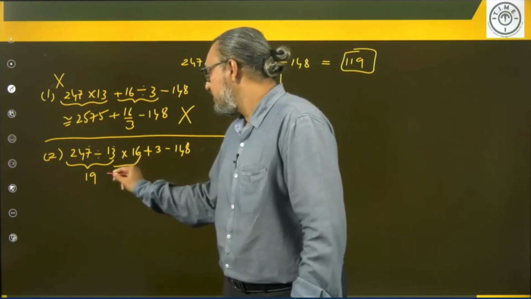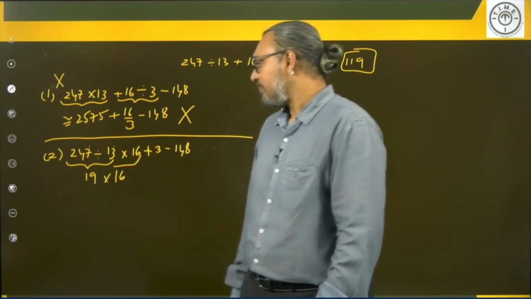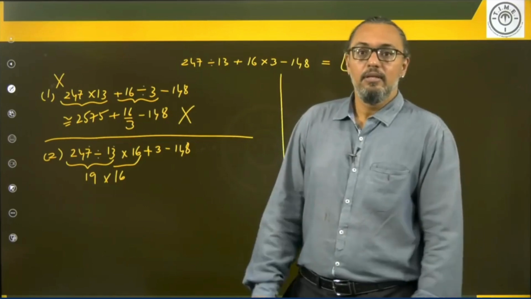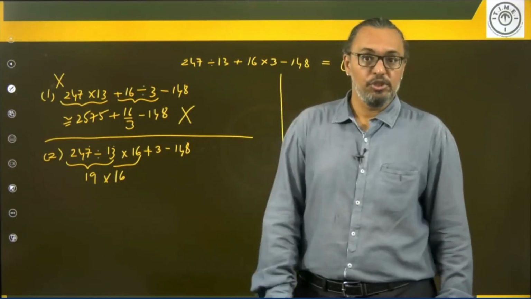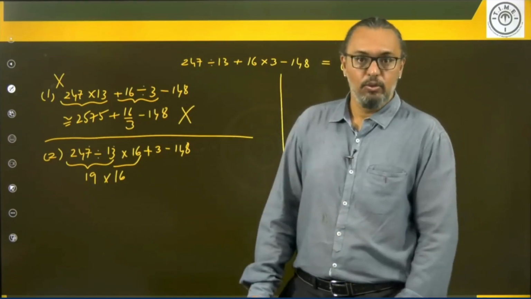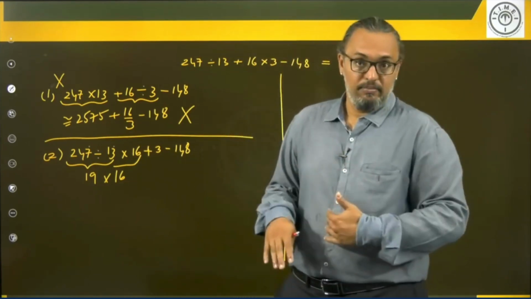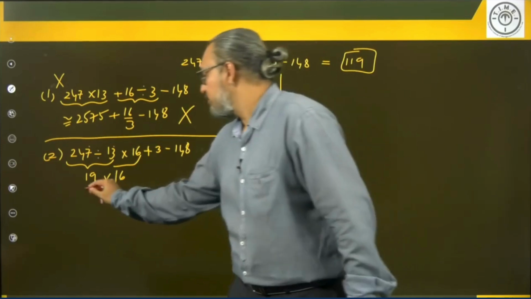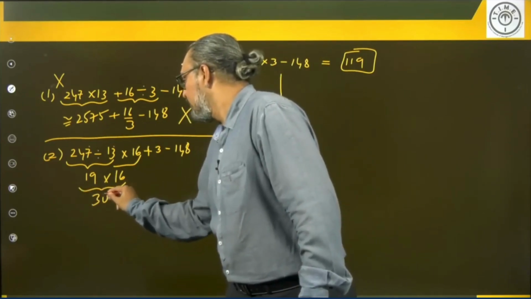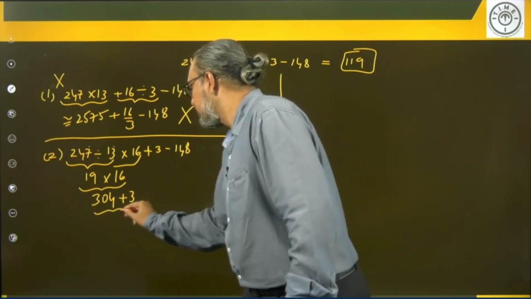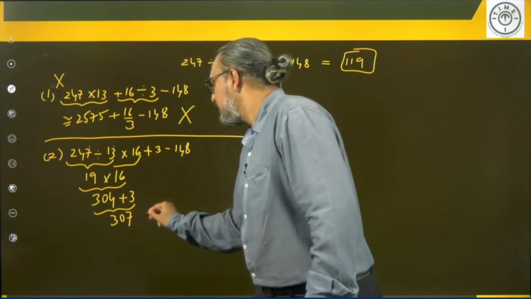And then you have 19 into 16. So we do 20 into 16, which is 320. But from that 320, I have to reduce 16 because it is 19 into 16. So basically you will get 304. And 304 plus 3, you will get 307 minus 148.